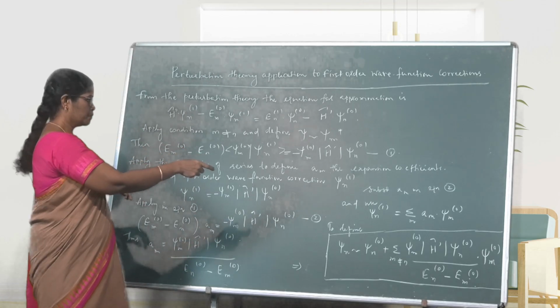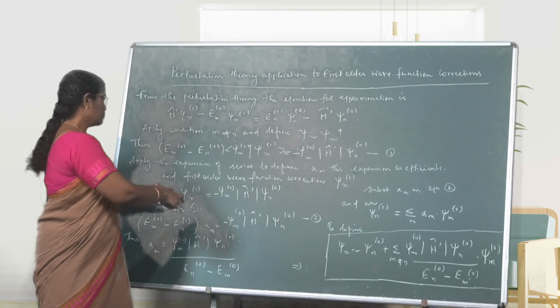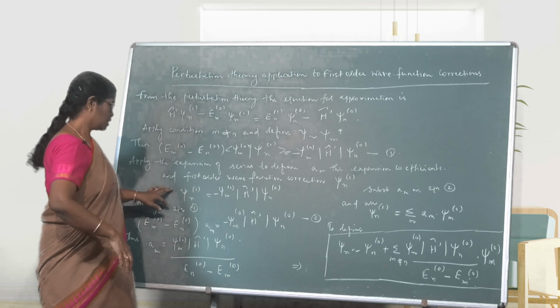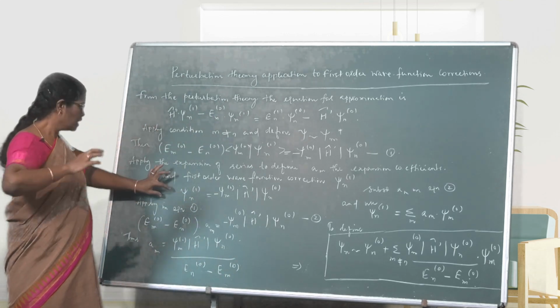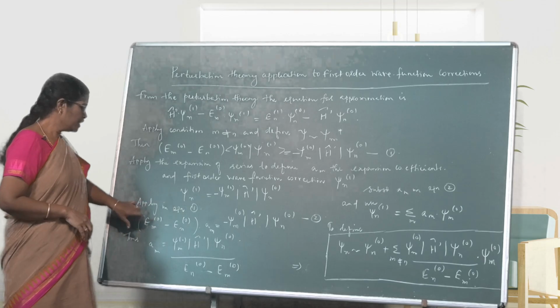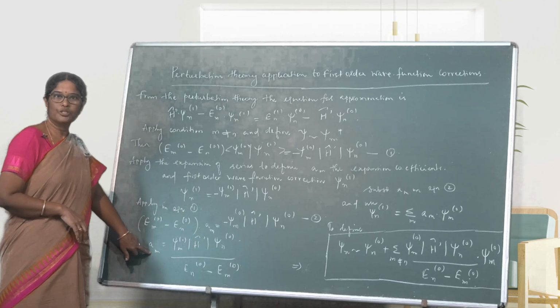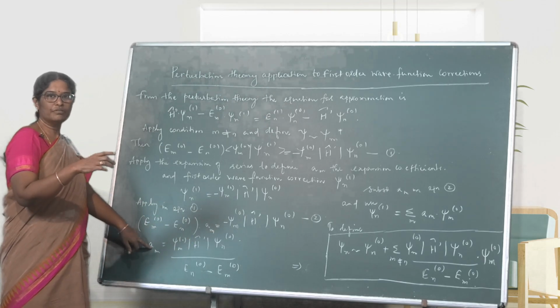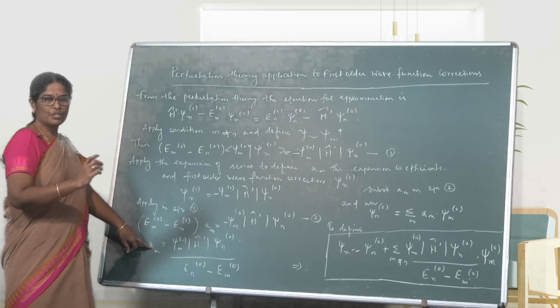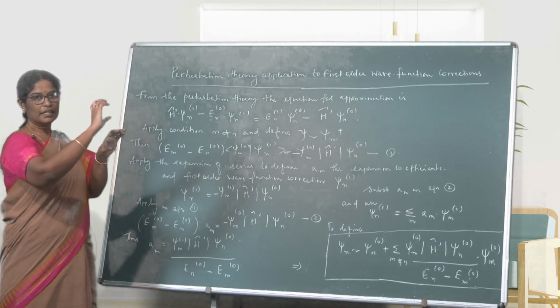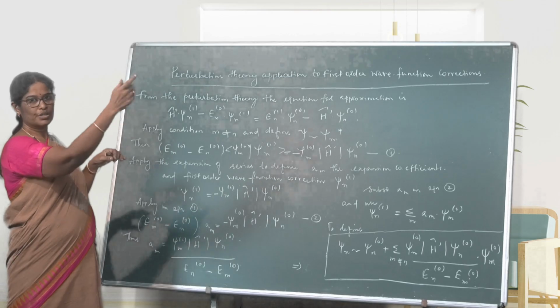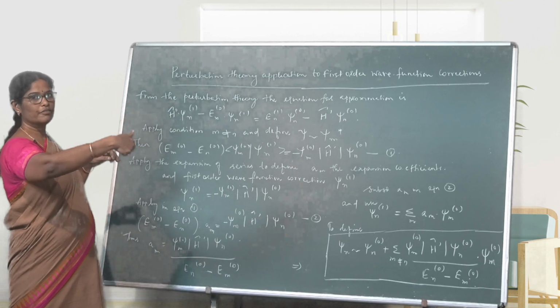Having deduced that expression, let us now apply it in the previous expression of 1. That gives the energy expression, and rearranging it, we will be able to deduce the value of the expansion coefficient. The expansion coefficient is given by the perturbation acting upon the wave function psi of n of 0, as a product with psi of m of 0.